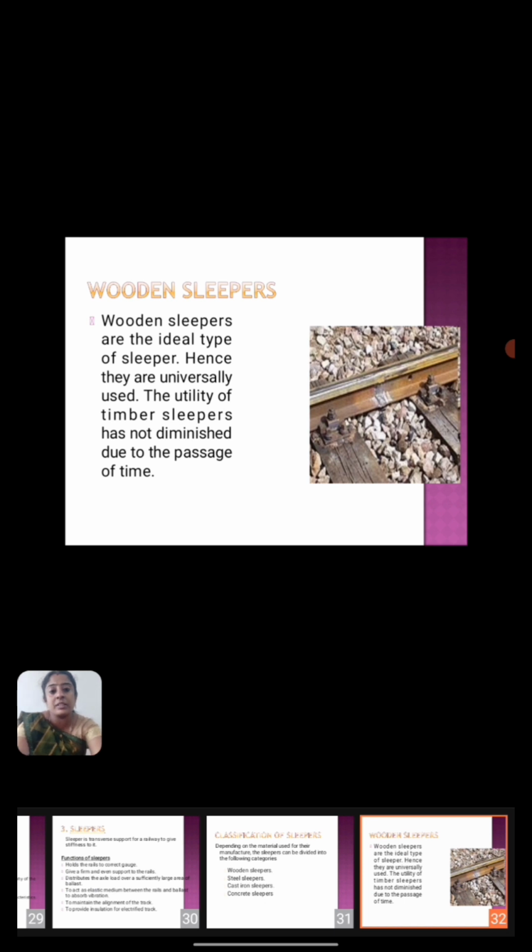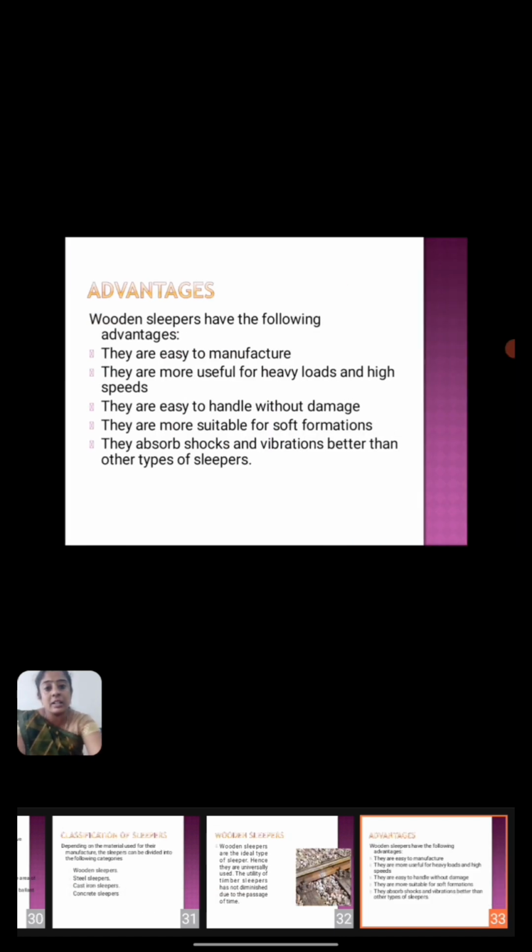In previous years they used wooden sleepers. Nowadays, due to the passage of time and the impact occurring due to the train load, these wooden sleepers have been replaced by concrete sleepers.